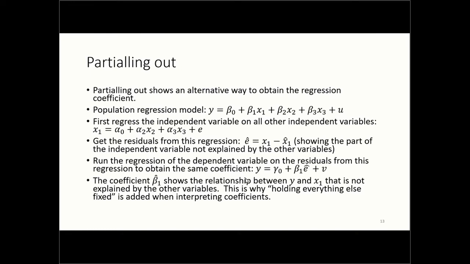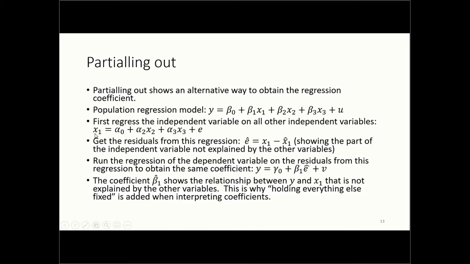So now let me show you what partialing out means. Partialing out shows an alternative way to obtain the regression coefficient. So here we have the population regression model. Instead of estimating this model, what we can do is first regress the independent variable on all other independent variables.